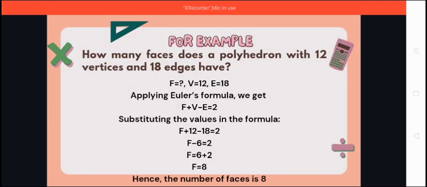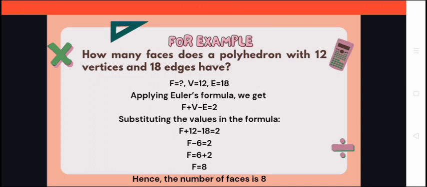We have another example. How many faces does a polyhedron with 12 vertices and 18 edges have? So we are tasked to find the faces. F is unknown, vertices is 12, edges is 18. Applying Euler's formula, we get F plus V minus E equals 2. Substituting the values in the formula, F plus the vertices, which is 12, minus 18 equals 2.